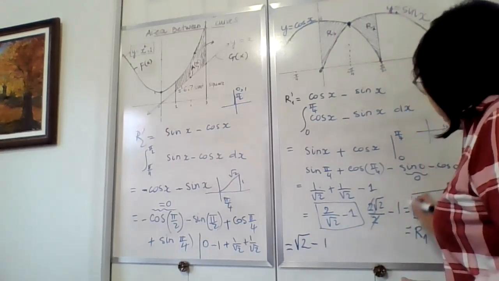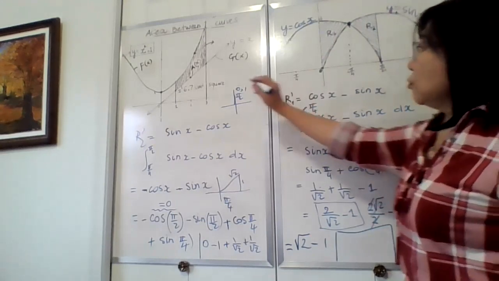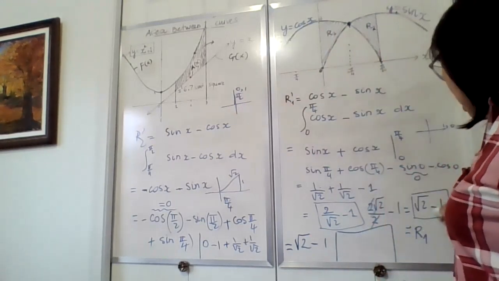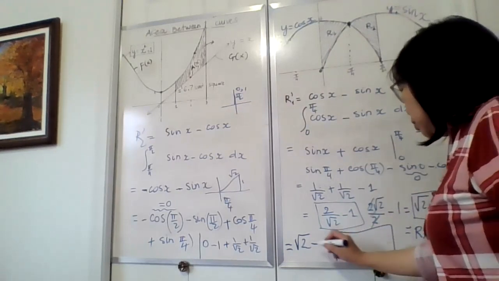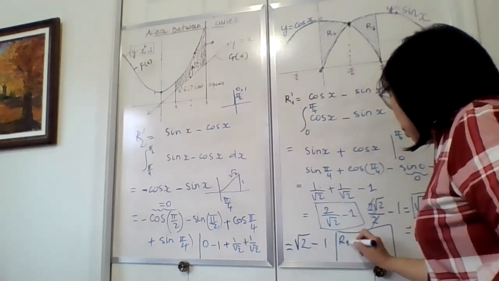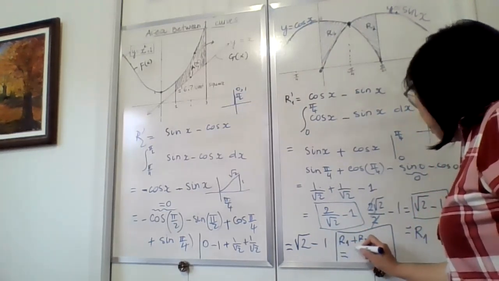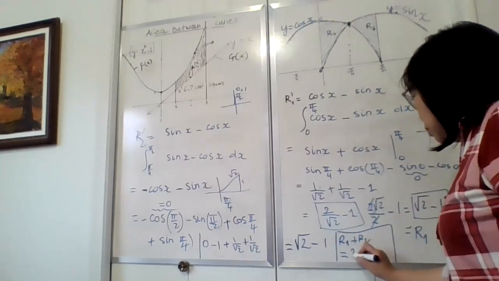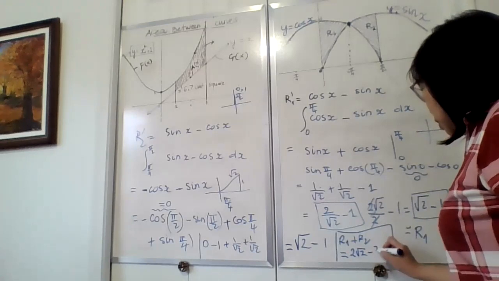Now we add region 1 and region 2 together, or we can multiply the same value by 2. So R1 plus R2 becomes 2 times square root 2, which is 2 square root 2, minus 2.